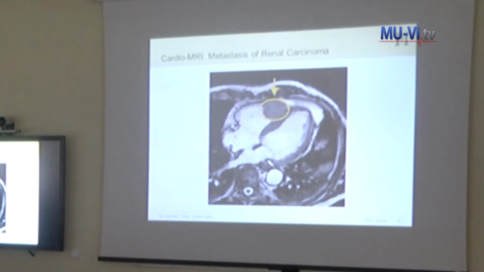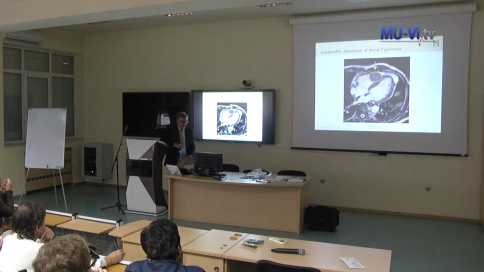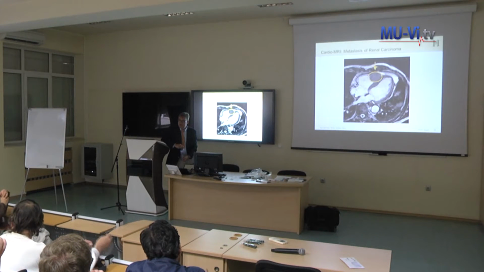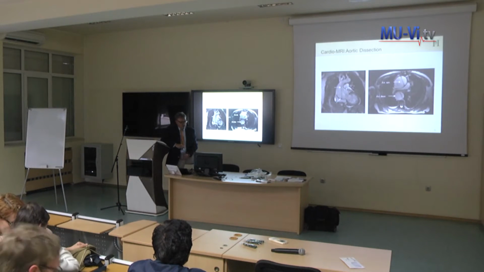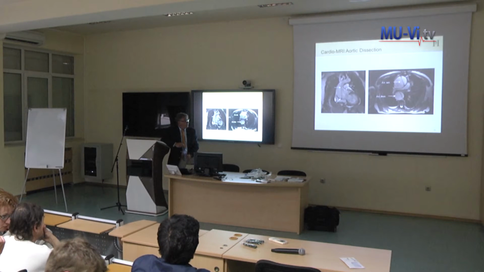Yeah, this was critical because it was a renal metastasis of a renal carcinoma in the apex of the right ventricle. The patient died not long afterwards. If you have metastasis in your heart, it's a very late stage of your disease, and you don't survive very long after it.